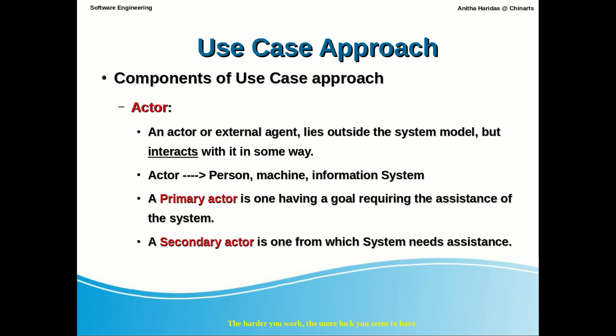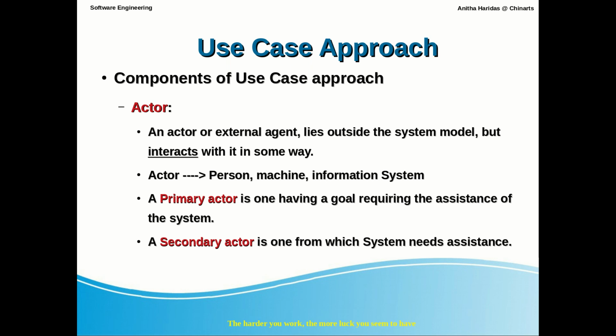Say for example, when I say a student wants to pay through online payment, the primary actor here is the student because his goal is that he wants to pay his fee to the system. So he requires assistance from the system.